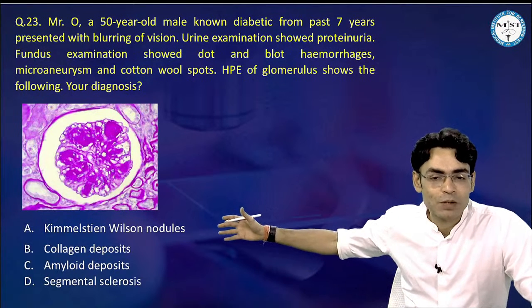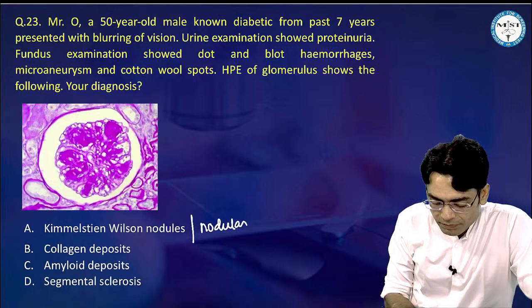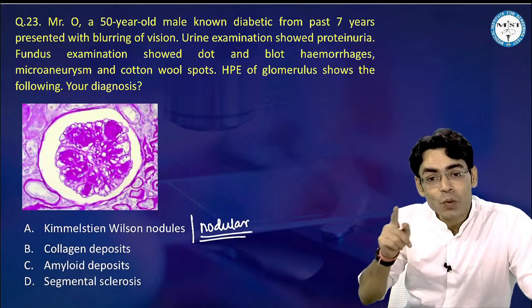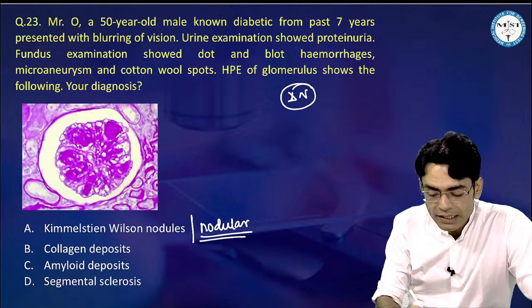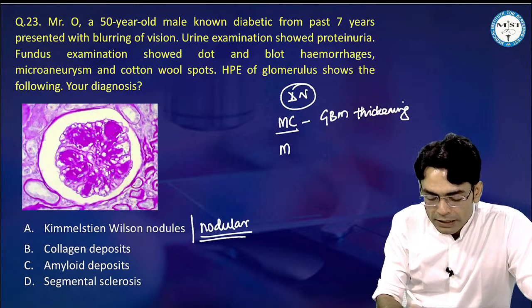This is your Kimmelstiel-Wilson nodule. This is also called nodular glomerulosclerosis. If I ask you what is the most common finding with diabetic nephropathy, this is the patient of diabetic nephropathy, right? So the most common finding is glomerular basement membrane thickening. This is the earliest finding.